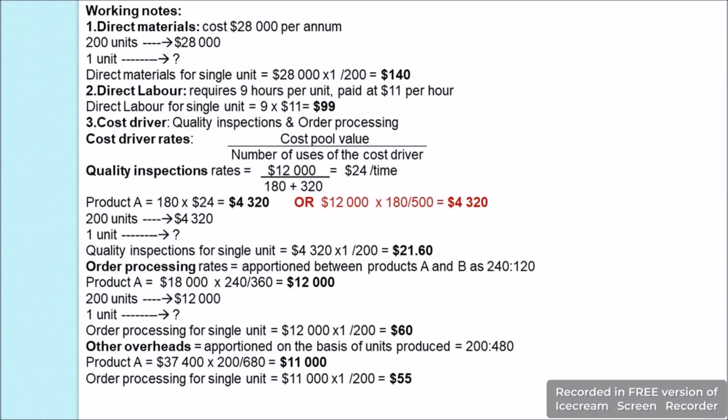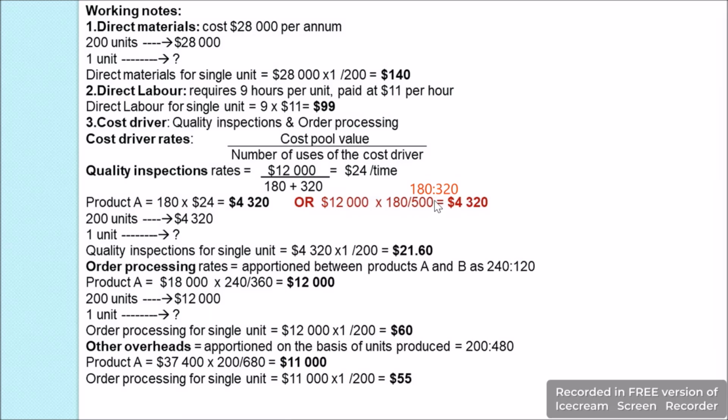Or we can do this without using the formula, in the way we do mathematical apportionment, that is, we can take 180 is to 320, that is, 180 inspections are required for product A and 320 are required for product B. So we can apportion this cost in this ratio as well.